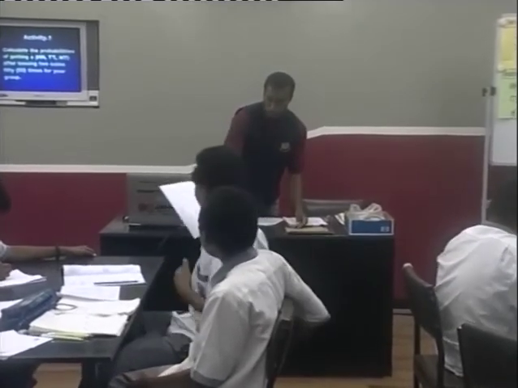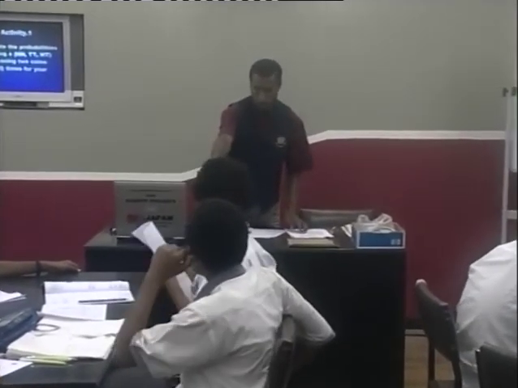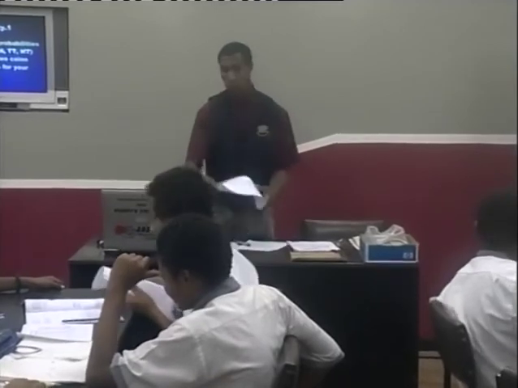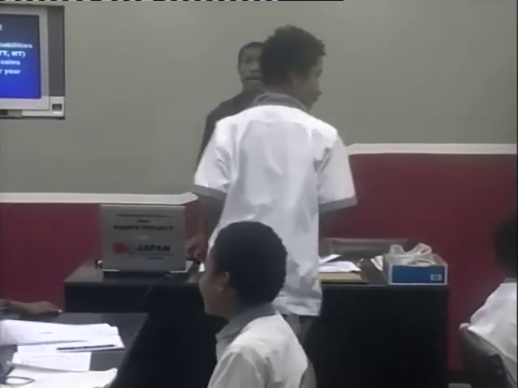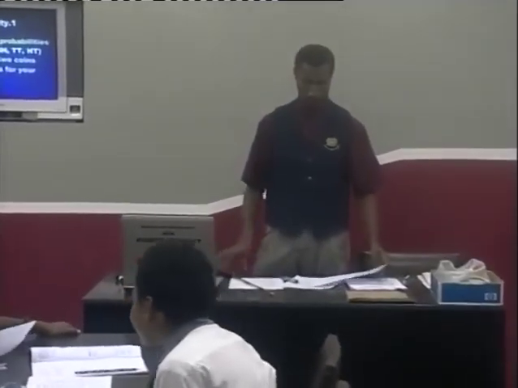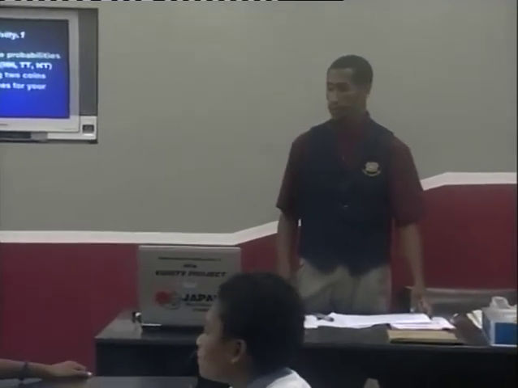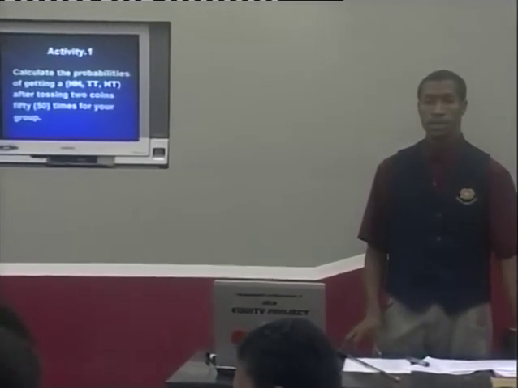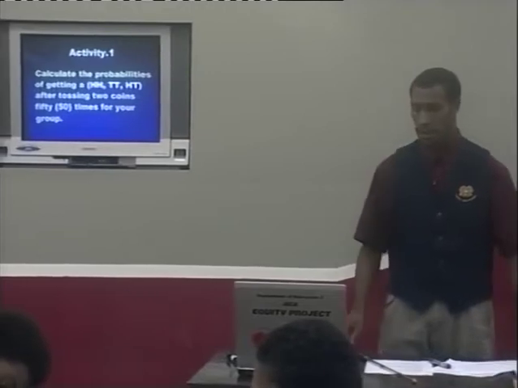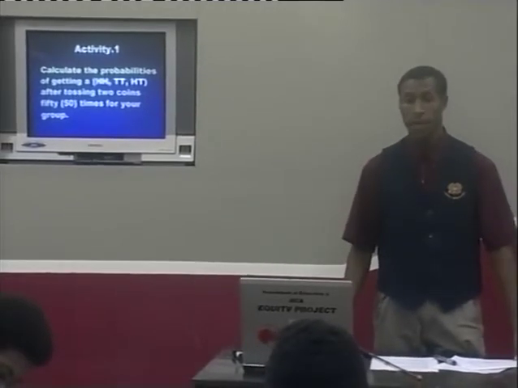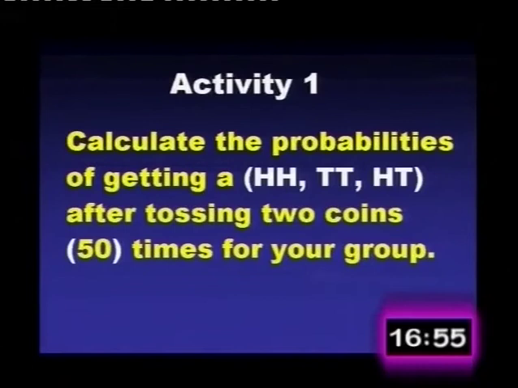Mitchell, give one to each group. Can I have one? Quickly give one. Okay. Activity 1. Receiving teacher, I hope you have given the results. Activity 1 is on the screen.